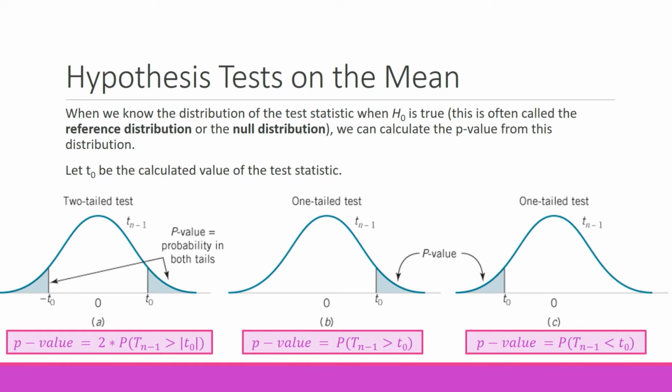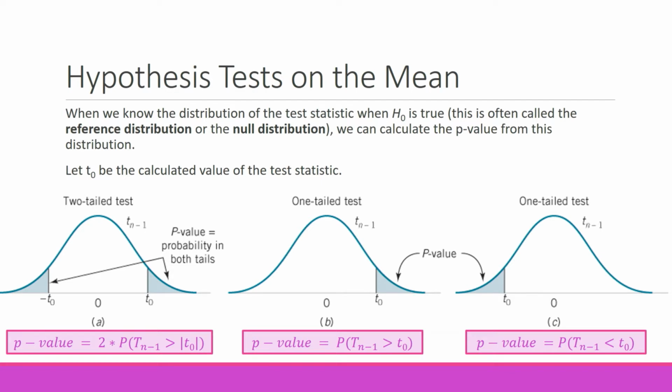We know the distribution of our test statistic when H sub 0 is true. That is the entire basis for the logic, the decision-making process that we go through when we do a hypothesis test. Oftentimes, this may be referred to as the reference distribution or the null distribution. And then based off of that, we can calculate our p-values.